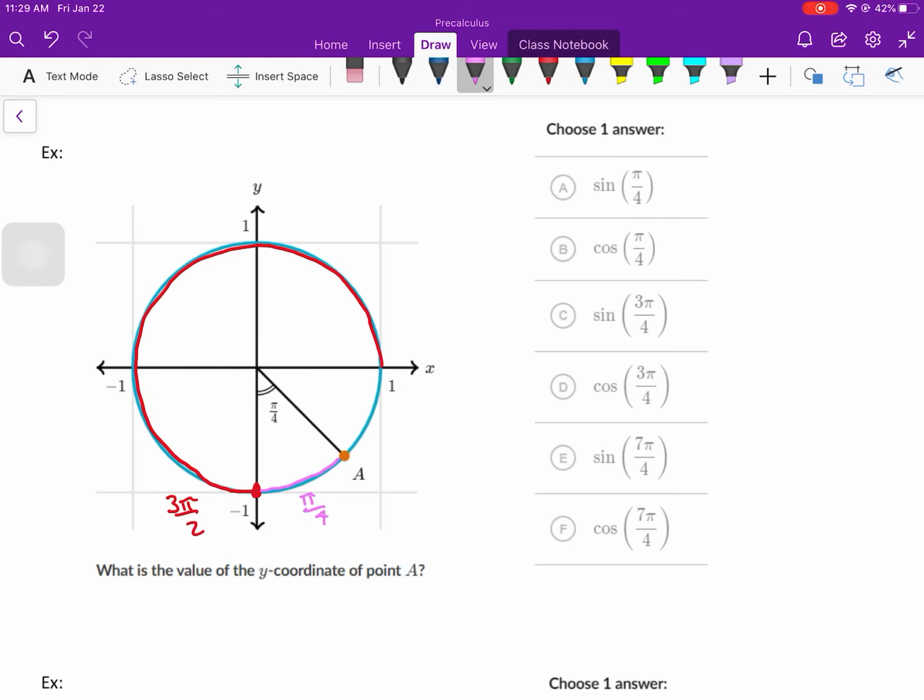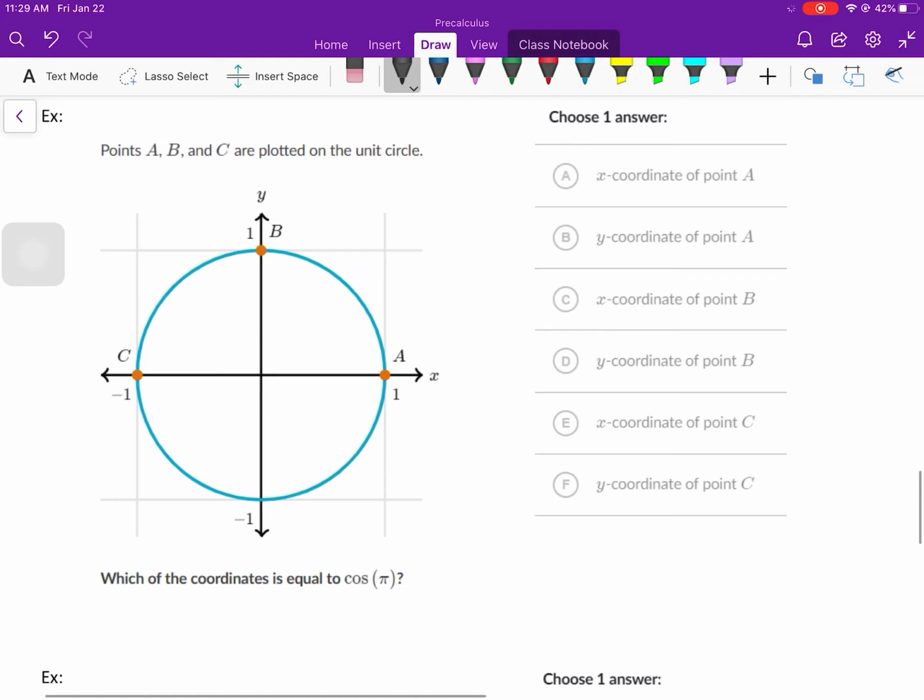So get that common denominator, which is going to be 4. So you're going to multiply by 2. That's going to be 6 pi over 4 plus pi over 4 for a total of 7 pi over 4. And the y coordinate is going to be sine. So we're looking for sine of that.